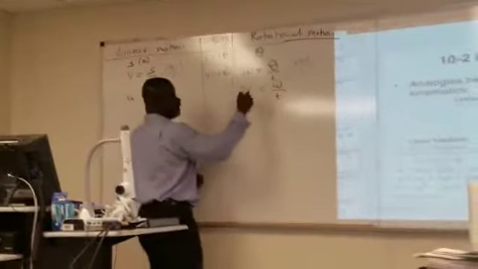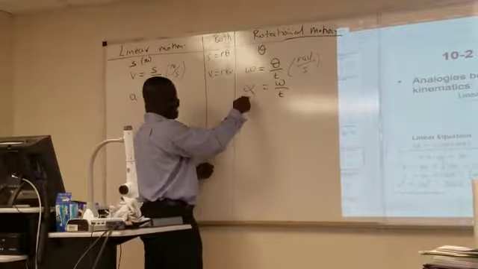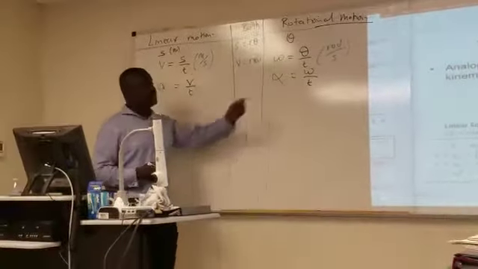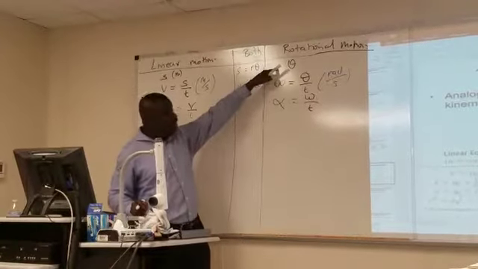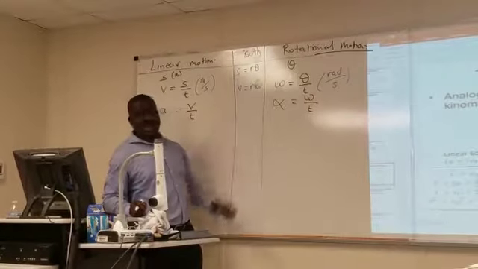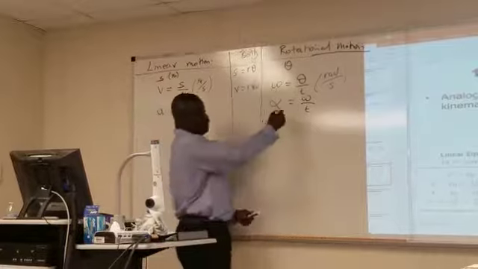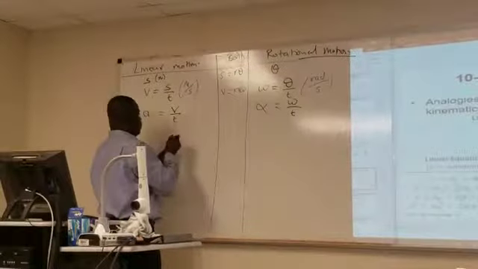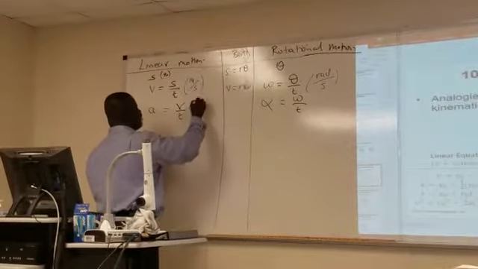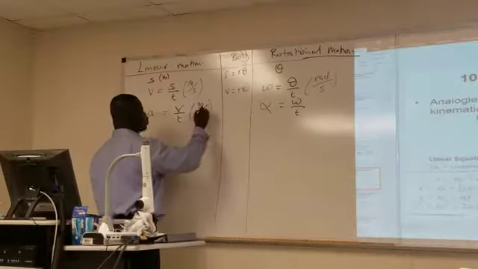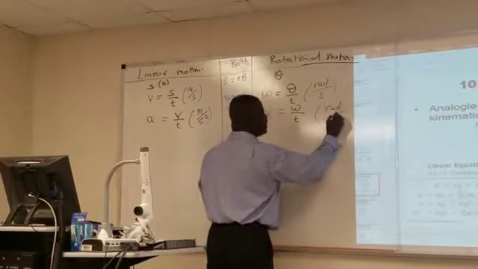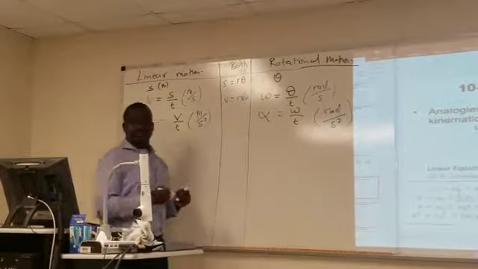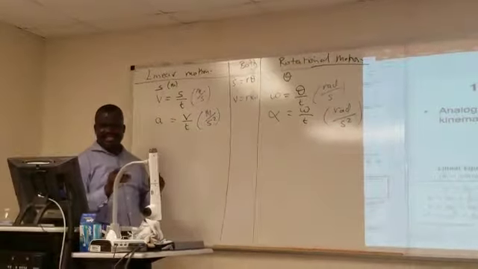So you just write angular velocity and angular acceleration. We're talking about angles. So the unit for this one is meters per second squared, and here is going to be rad per second squared. You see the similarities?